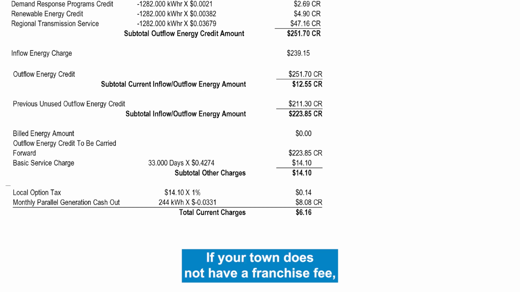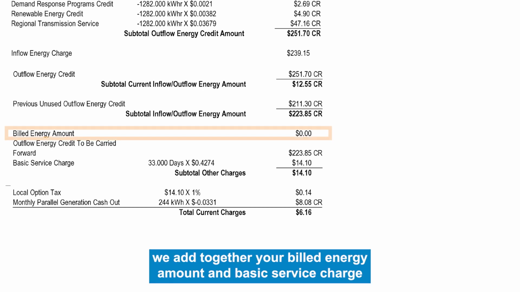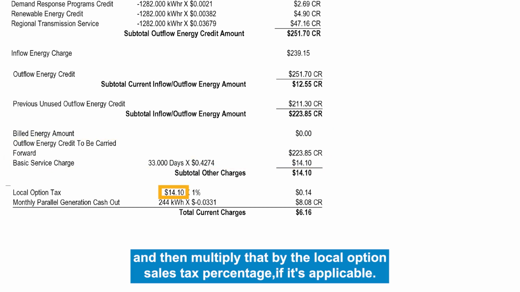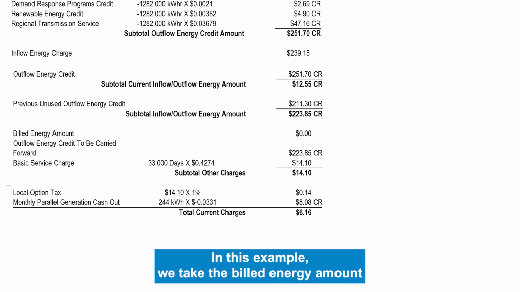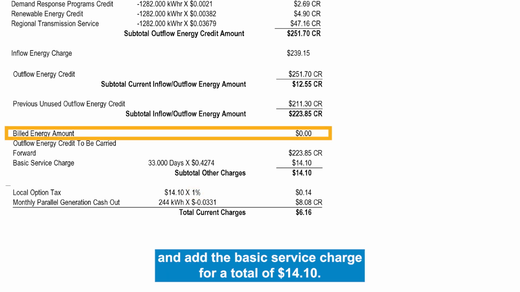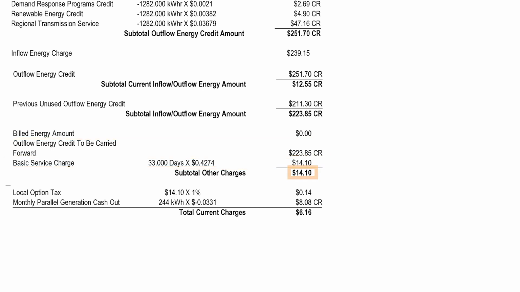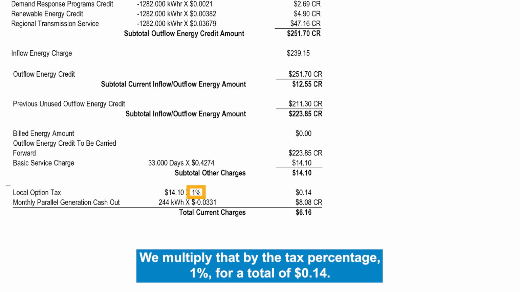If your town does not have a franchise fee, we add together your billed energy amount and basic service charge, and then multiply that by the local option sales tax percentage, if it's applicable. In this example, we take the billed energy amount and add the basic service charge for a total of $14.10. We multiply that by the tax percentage, 1%, for a total of 14 cents.